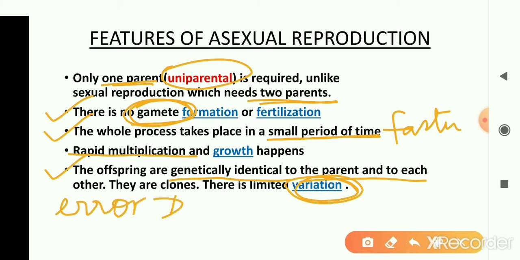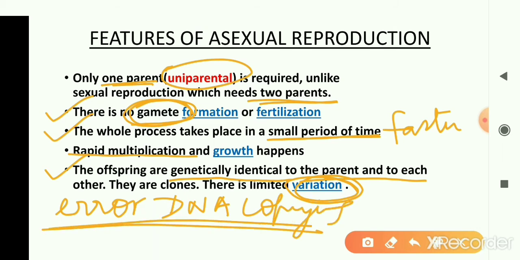And try to recall, it was told that these errors should be minor, because if there is a major error, then the resultant copy of DNA will not be able to work with the cell apparatus and the resultant cell will die.